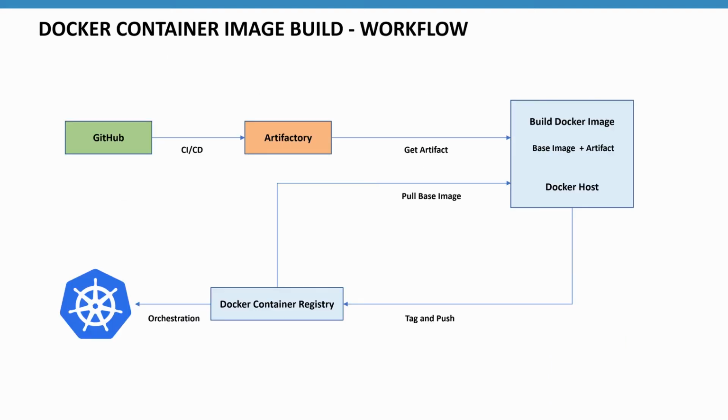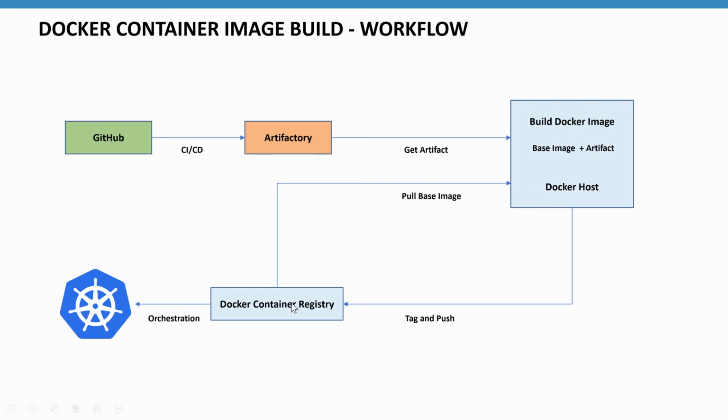I'll give you a very simple container image build workflow. If you look at the diagram, I have GitHub with source code. Say I have Java source code. Using a CI/CD tool, I build an artifact and store it in Artifactory. Then I pull the artifact into the Docker host to containerize the WAR file or EAR file.